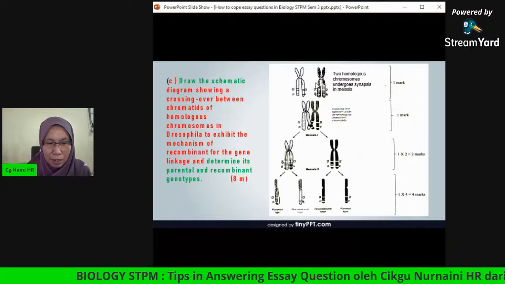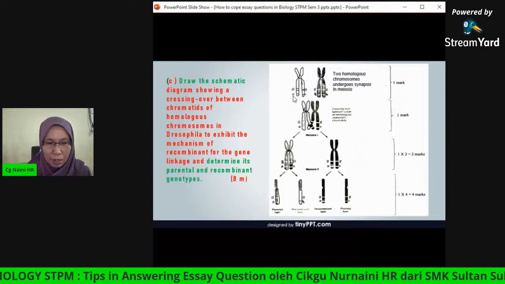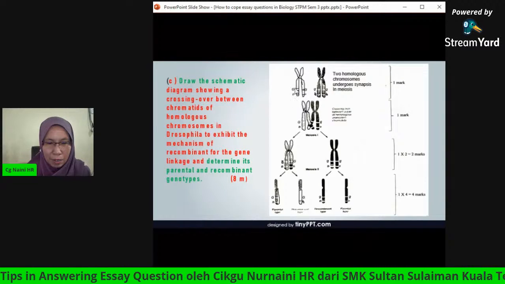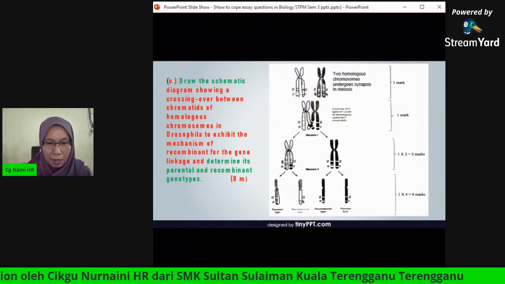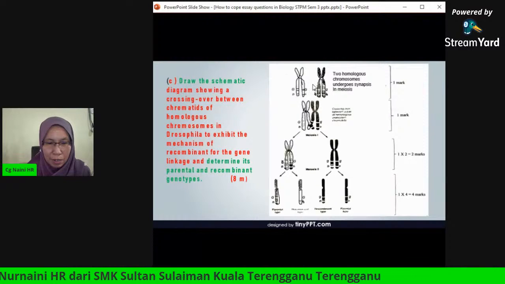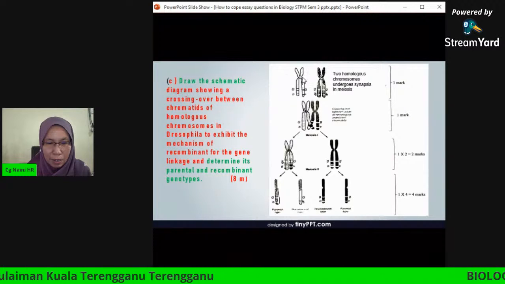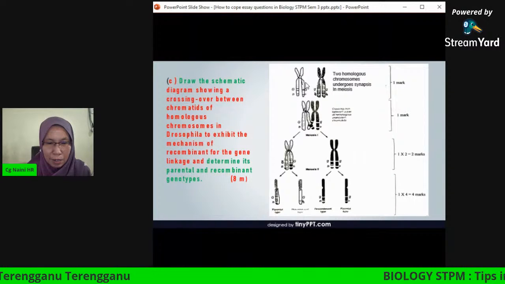You can draw only a line, and if you want to draw the chromosome, you must draw it like this, or you can use a line.